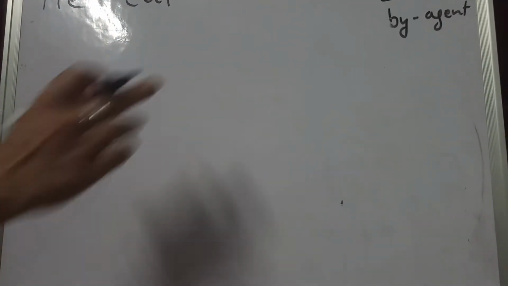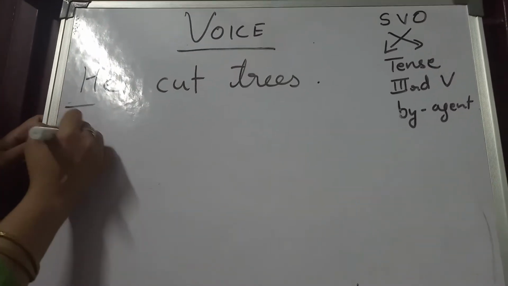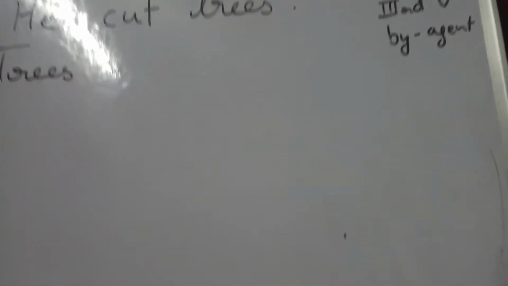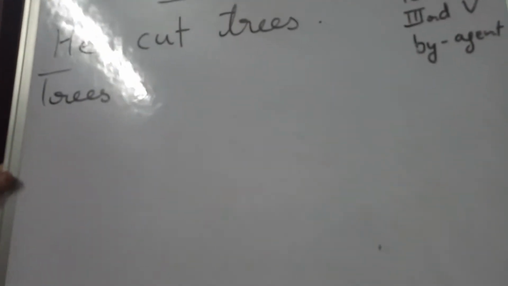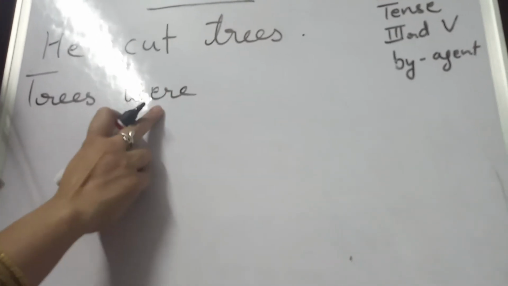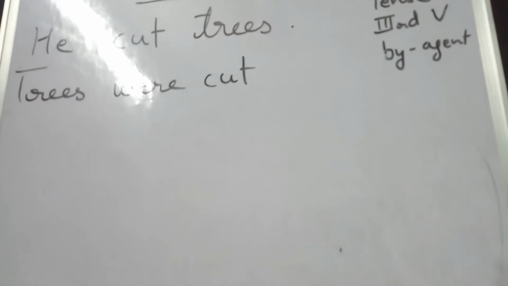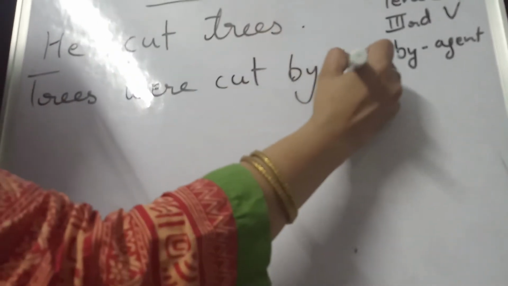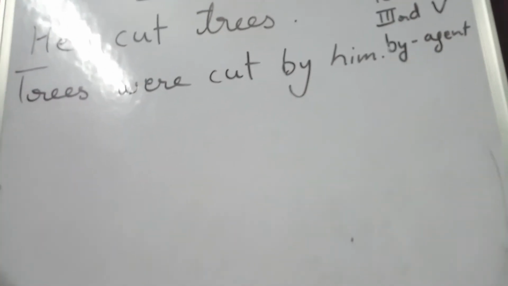Now, subject, verb, object, trees, cut. We are talking about past, and trees is plural, and the verb agreement says were will come. Trees were cut by, he becomes him. Now we will take the next sentence.